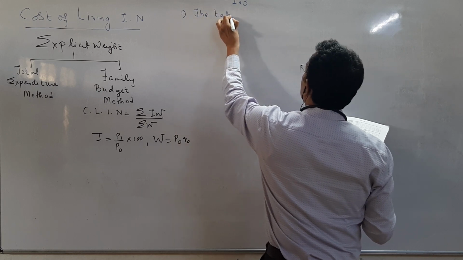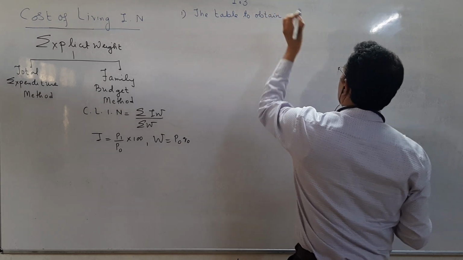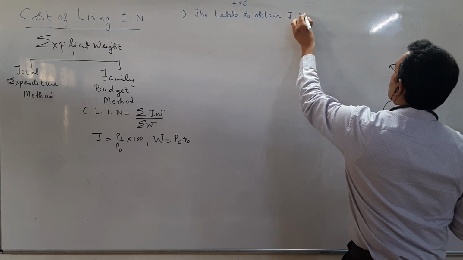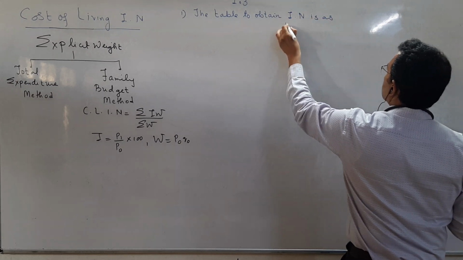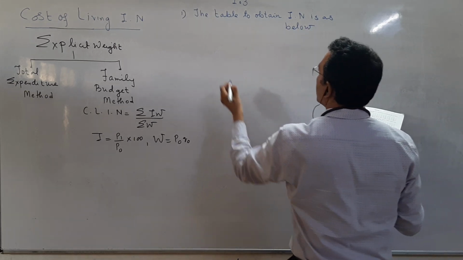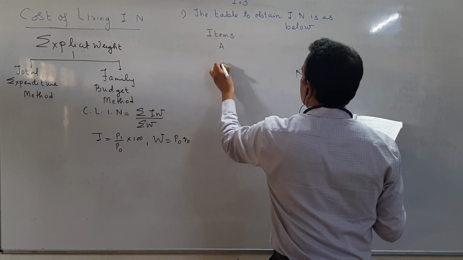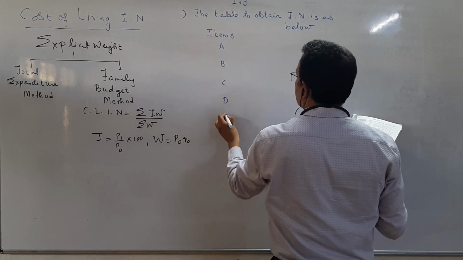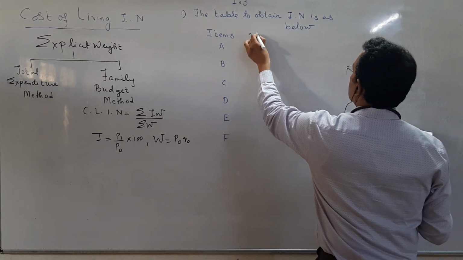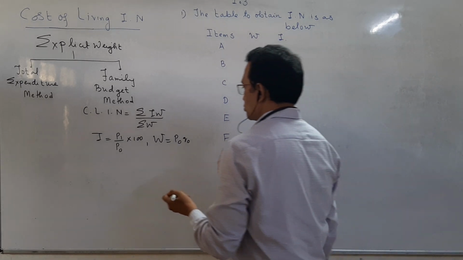The table to obtain, this is not a cost of living index number, simply I can call it as index number, is as below. The first column I make of items which are A, B, C, D, E, F. Then weights. Now percentage price relative. Always remember students.